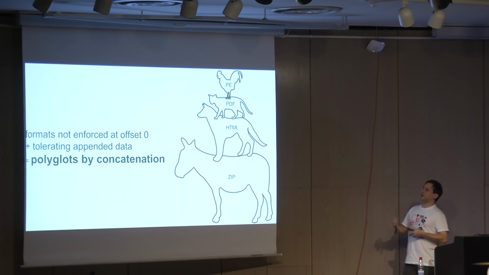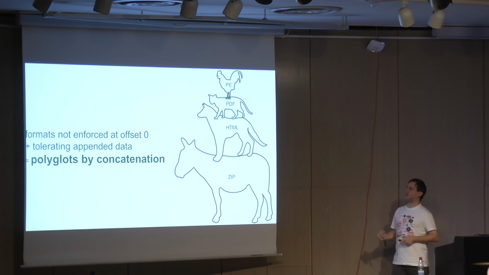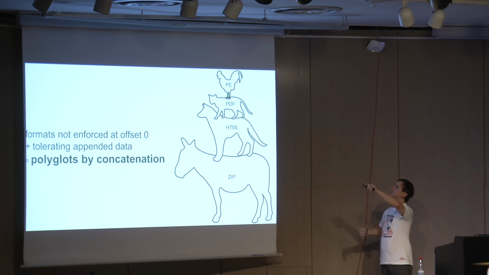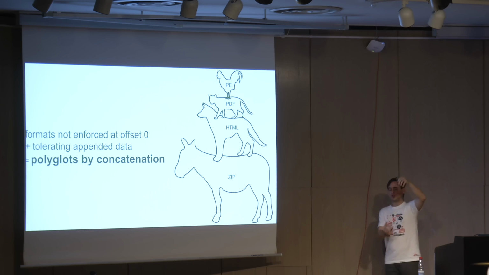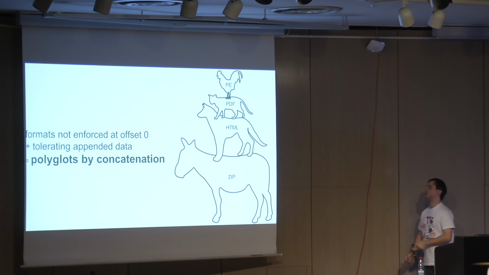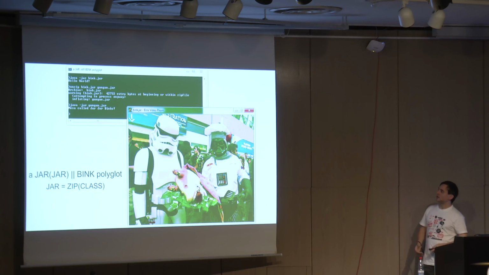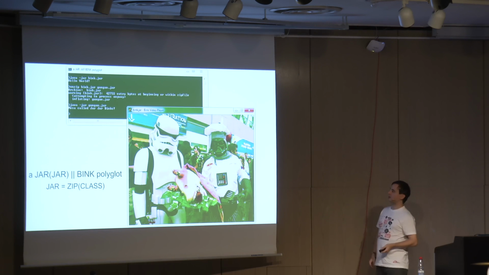So with this abuse of file formats not enforced at offset 0 and some file formats allowing something that comes next, you can just stack them up like the animals of Bremen, and you can end up doing a file that has several file types. This is an example of a Jar Jar Binks polyglot.